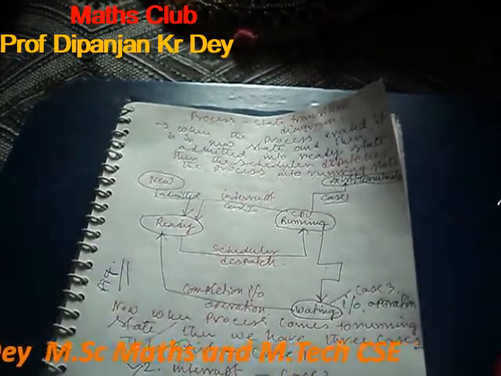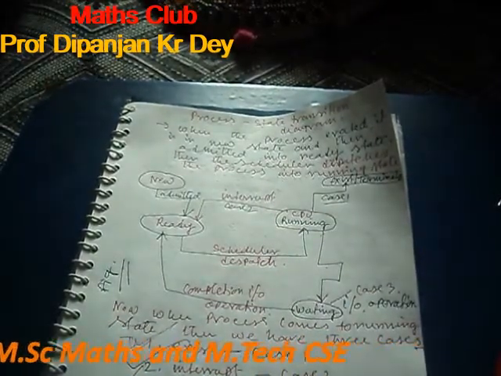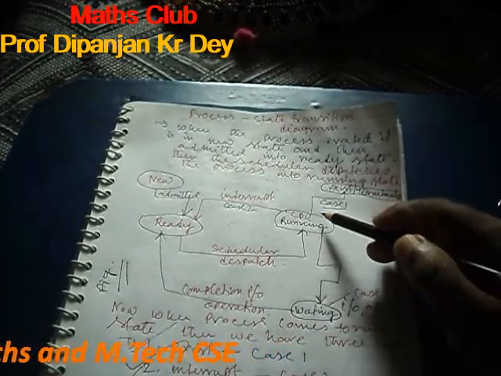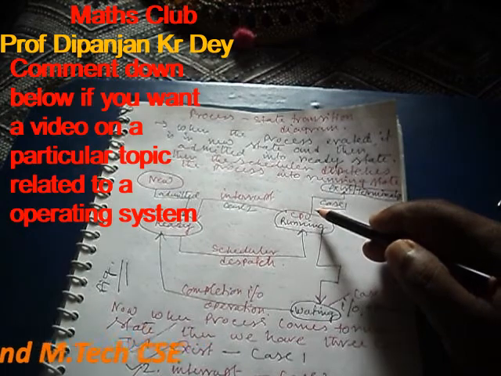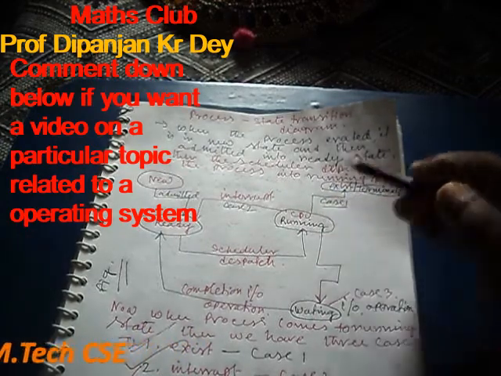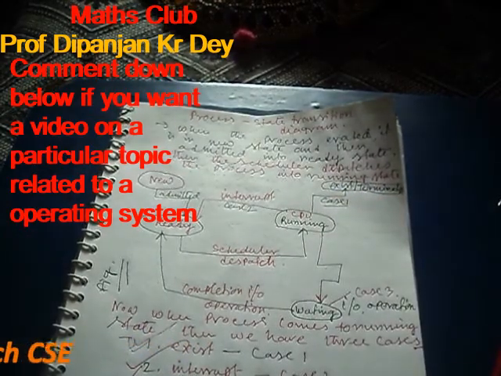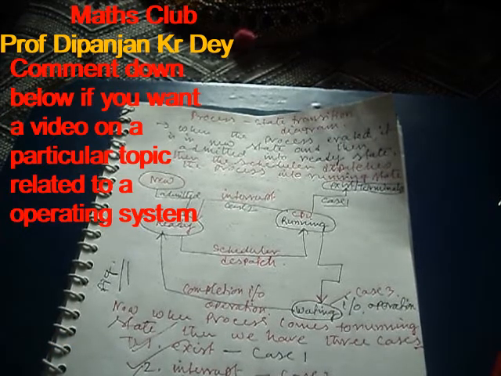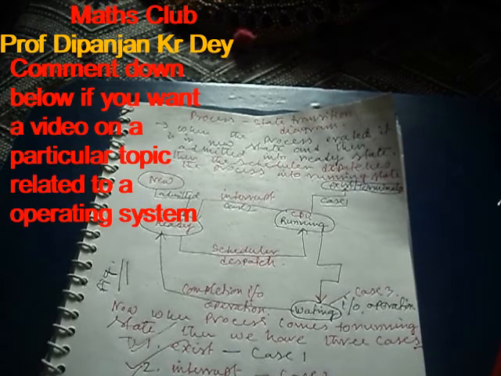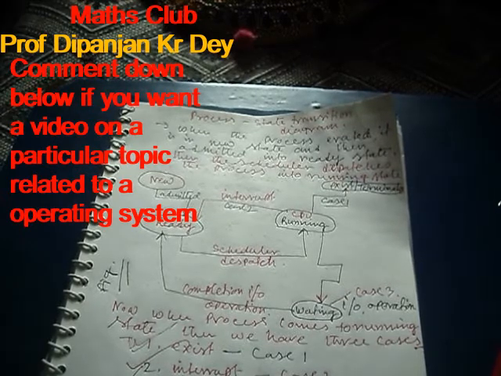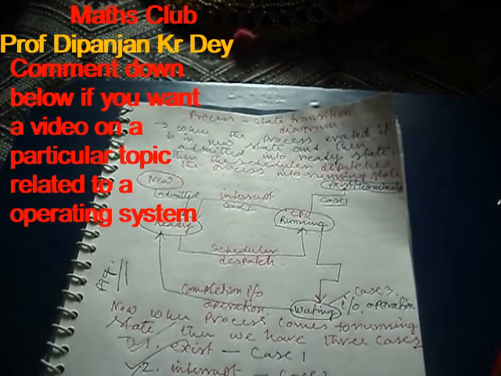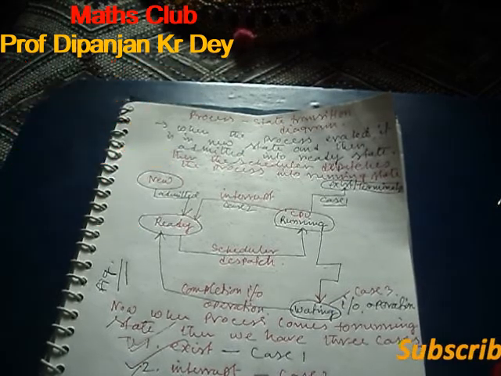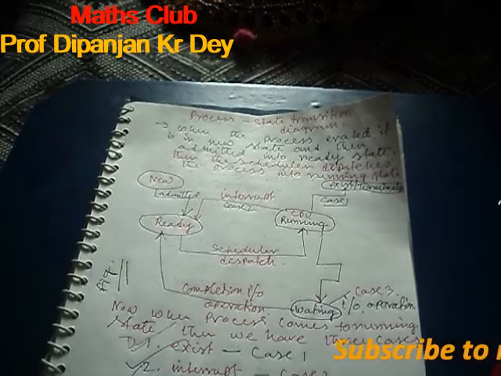When the process is in running state, three cases can arise. Number one, it directly exits after finishing its execution without any interruption or problem. It goes to terminated, that is exit.